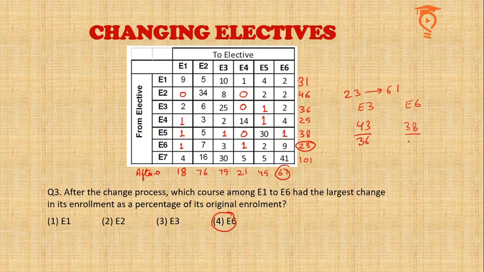Okay, so if you see, this is 1 plus 7 by 36 and this is 1 plus 15 by 23. Now you see 7 by 36 or 15 by 23, which one is bigger? Obviously E6 is bigger. So this is also a way out with the help of proper calculation. That was not needed.